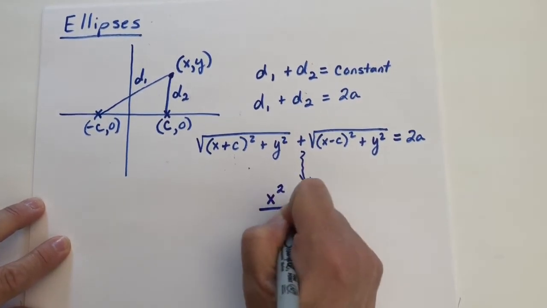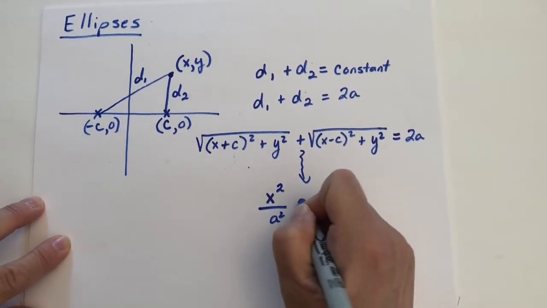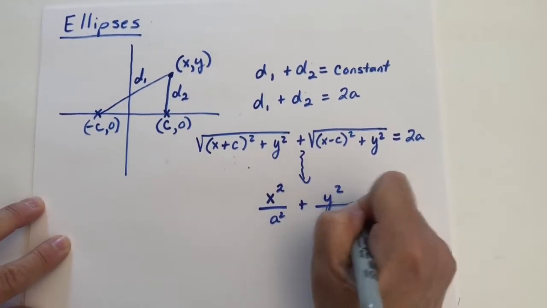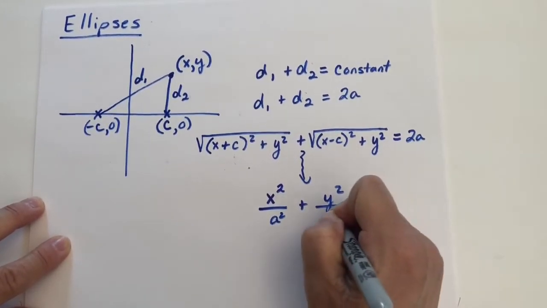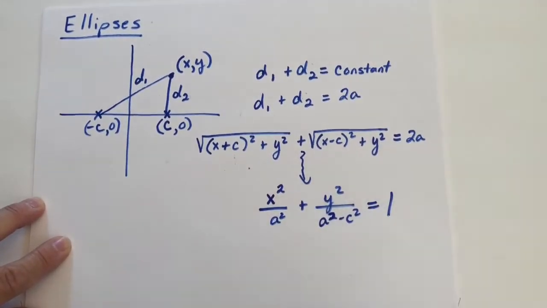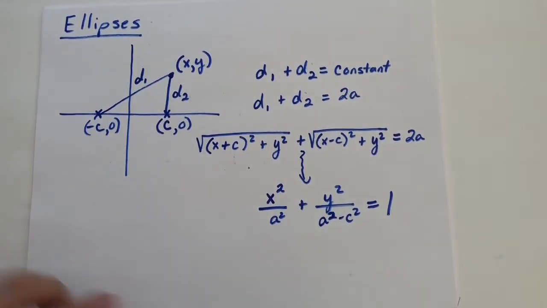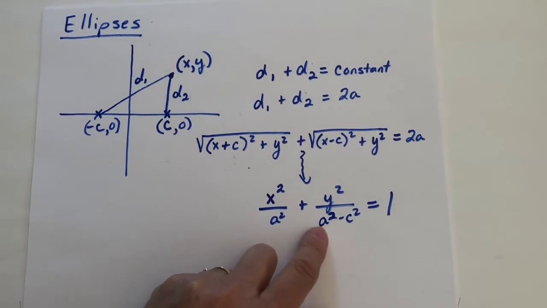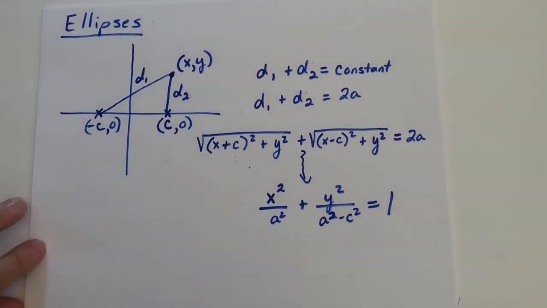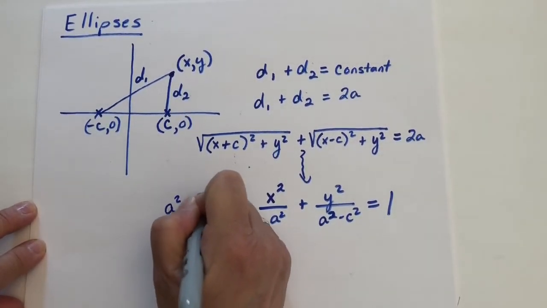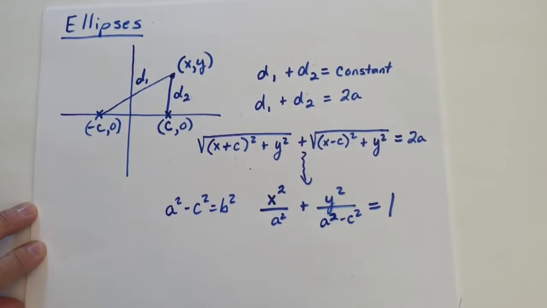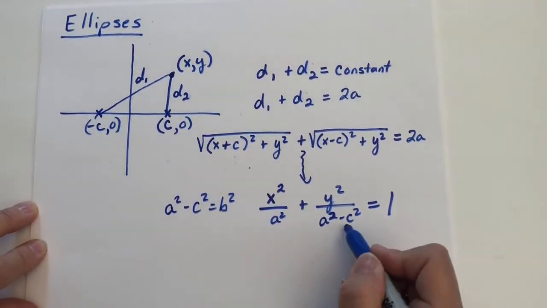x squared over a squared plus y squared over a squared minus c squared equals 1. And we make a substitution for this a squared minus c squared. We just let a squared minus c squared equal b squared and make that substitution right here.